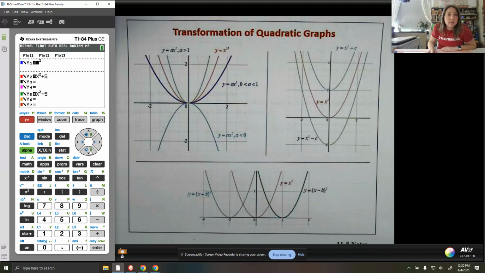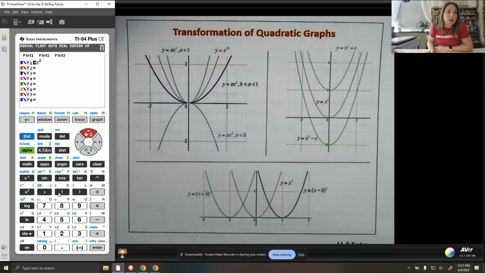And then let's look at how we're going to notate moving left and right, because I actually think this is the hardest part of this particular lesson in doing this with quadratics. So what we're going to do is use that vertex form to make those changes of going left or going right.